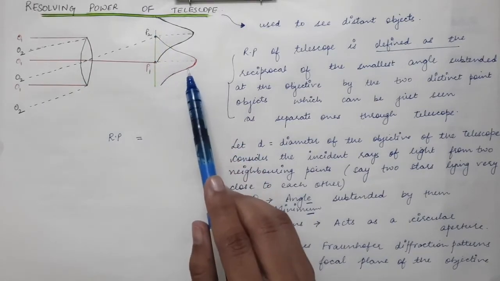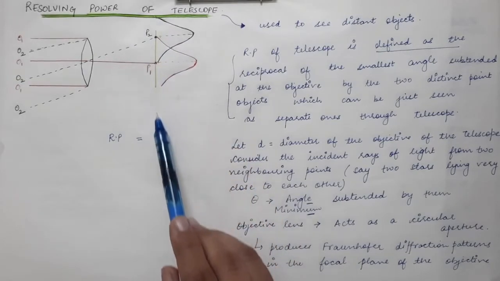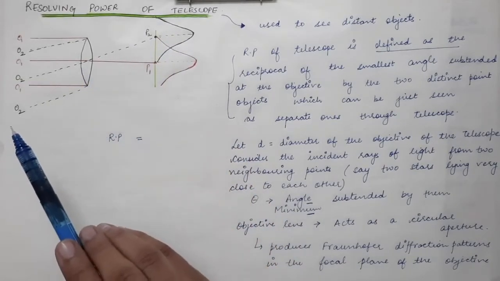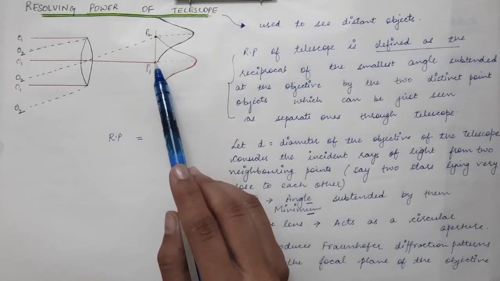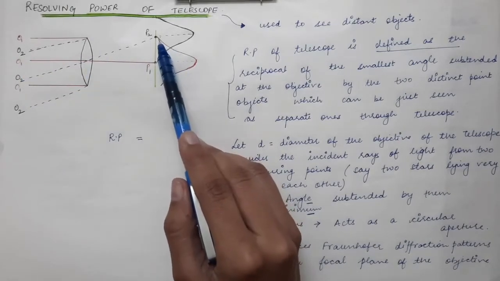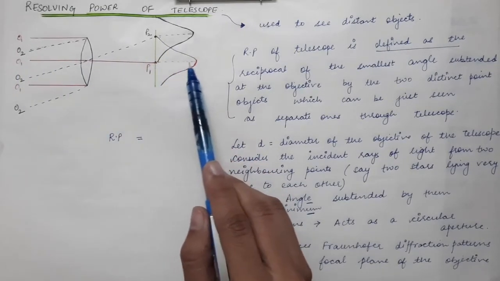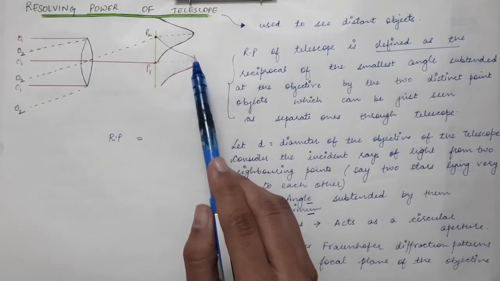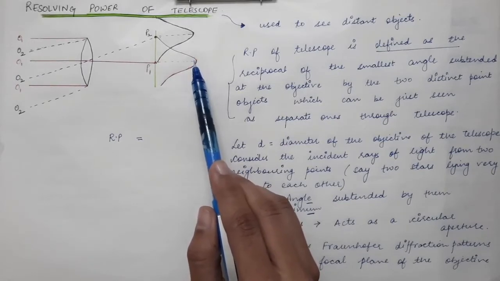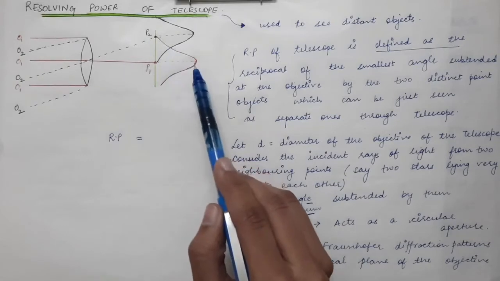So these fringes which are formed are formed on the focal plane of this objective lens. So at P1 point, we will have the central maximum of O1, and after that we will get a minimum of the object O1. So at P1 point, you can see we have maximum intensity, and this is called the central maximum, which is formed by the O1 object.